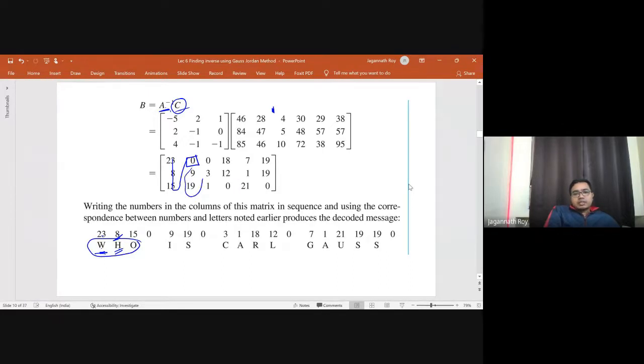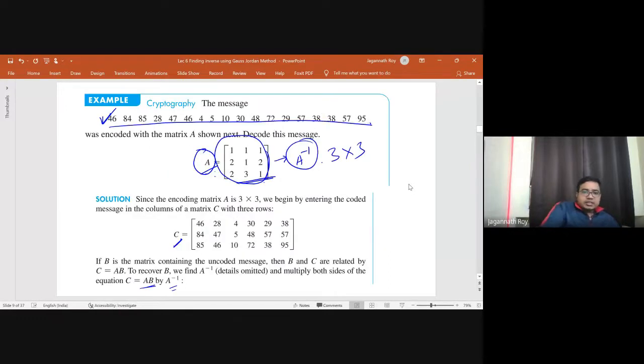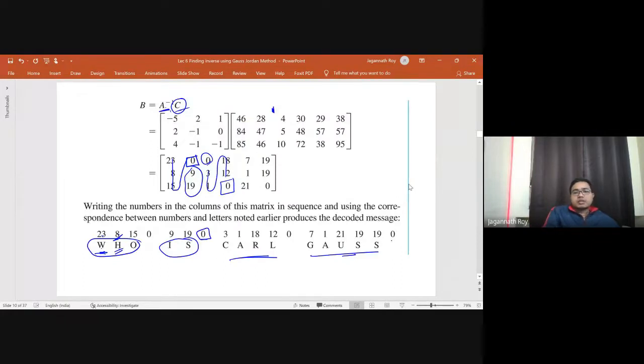Then another blank. So a blank is there. So here, "who is Carl", and then "Gauss". Okay. So you send this message, and this message is encoded as "who is Carl Gauss".